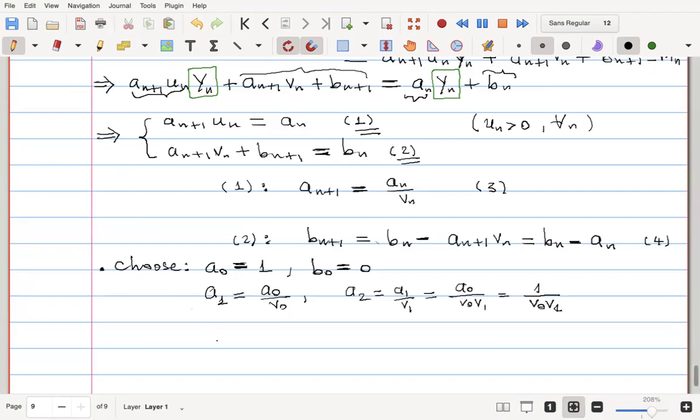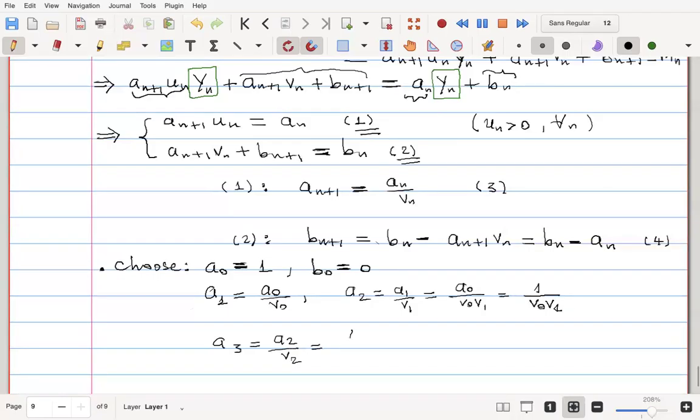Now what will be a_3? Similarly, a_3 will be a_2 v_2, meaning that I will just multiply this by 1 by v_2.